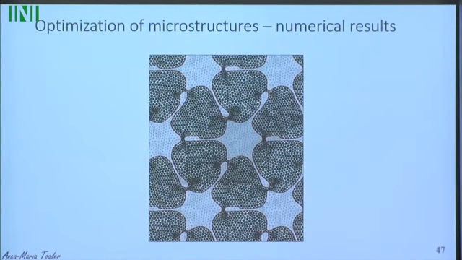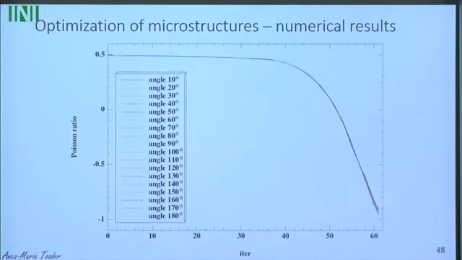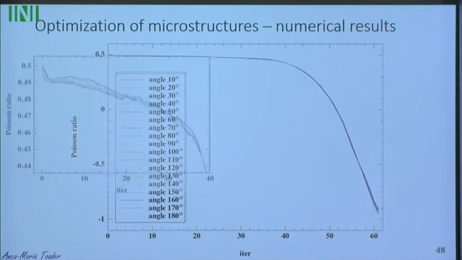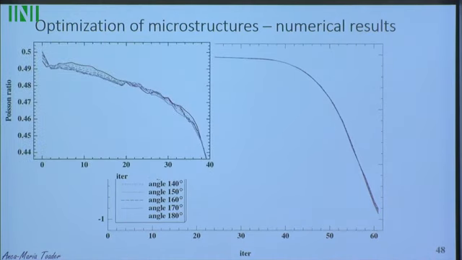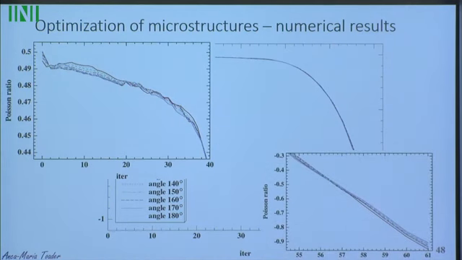Note that here we allowed for topology optimization, but it doesn't always do it. So we allow it, but most of the times it does not. Here are the graphics for the 18 directions chosen, and here is a zoom of the first 40 and the zoom of the last ones.